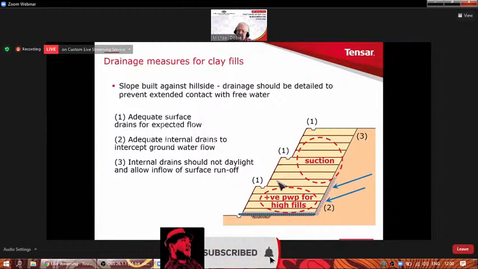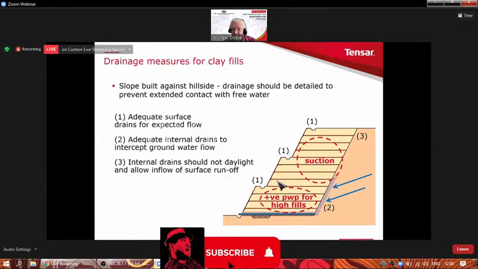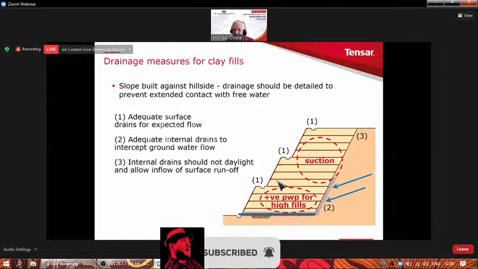It's a common mistake that you will see. People often put these drains coming out at the top. And if you do that, what it means is that the surface water can nicely run down that drain and come out at the bottom, therefore giving another big potential for the clay fill to absorb water and soften, which you don't want to happen.